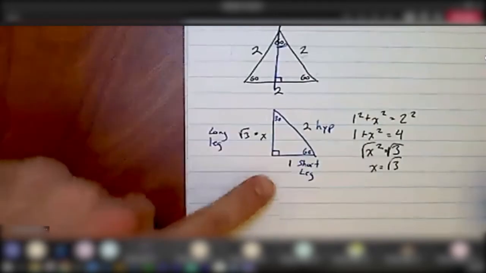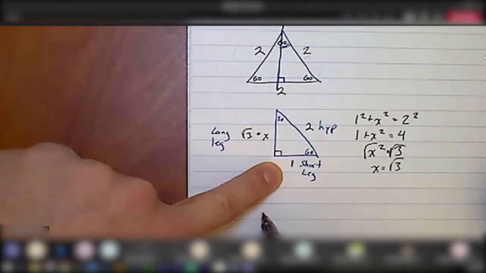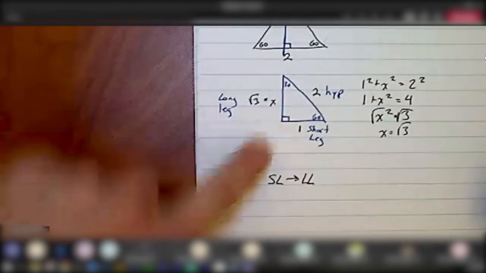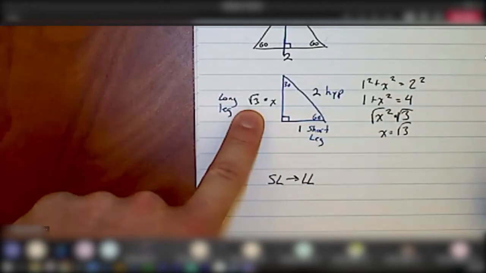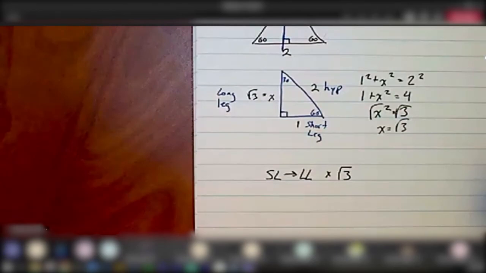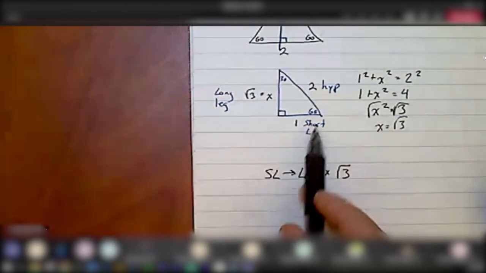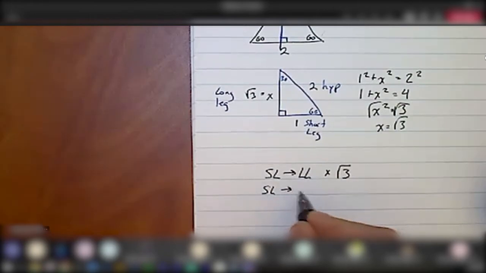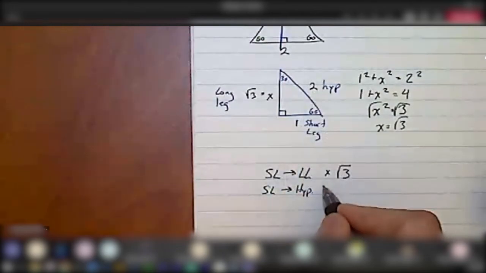Because once I know the short leg, if I want to go from the short leg to the long leg, how do I turn a 1 into a square root of 3? You times it by the square root of 3. If I want to use the short leg to find the hypotenuse, how do I turn a 1 into a 2? You times it by 2.